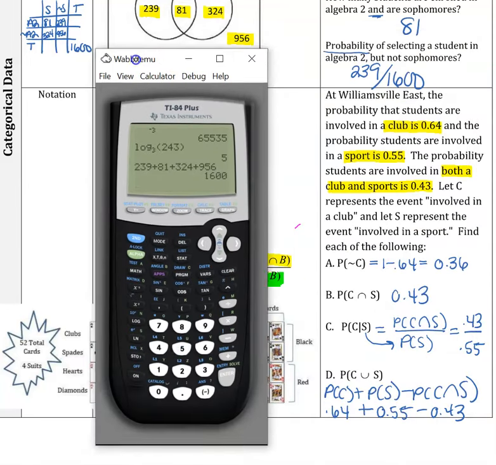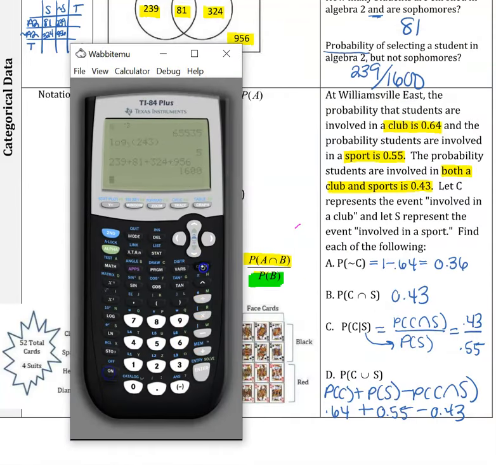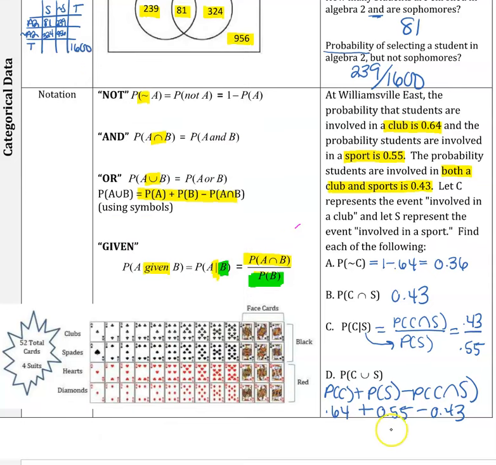I'm going to go to my calculator. So I'm just going to do this in terms of integers to help me out here. 64 plus 55 minus 43 would be 0.76 in terms of our decimals, the probability of being in sports or a club.